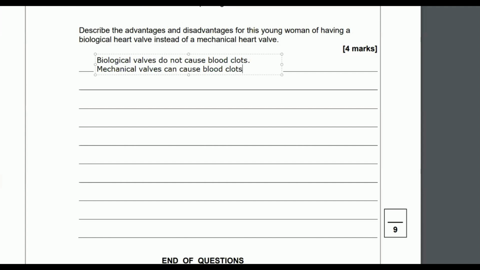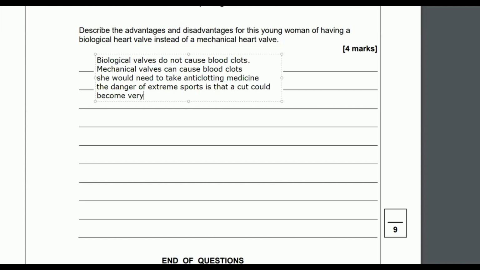So the downside to that is she would need to take anti-clotting, it tells us in the information, medicine. The danger of extreme sports is that a cut could become very serious from blood loss.